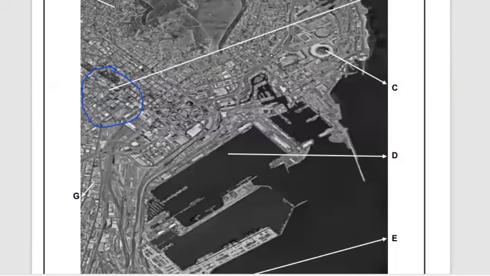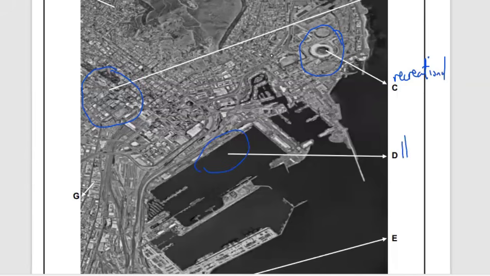Then C, if you check C here, this is most likely to be a stadium. So a stadium is for the sake of recreation. This is a recreation zone. Then let's check D. D here, we are seeing that this is the sea, and D is on the coast here.